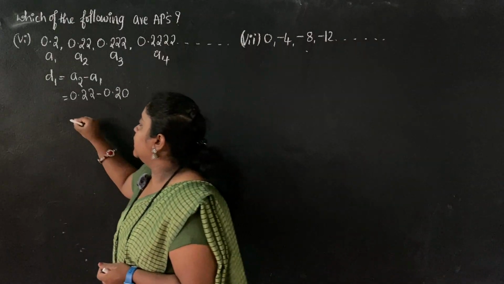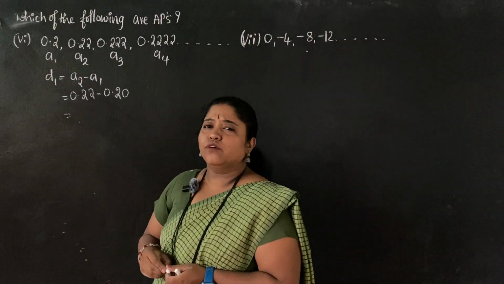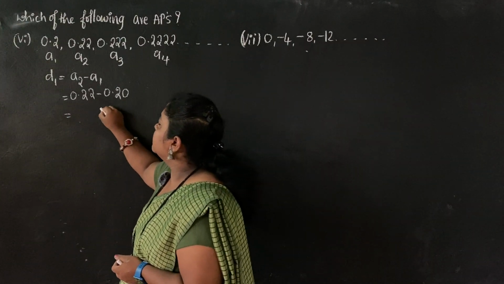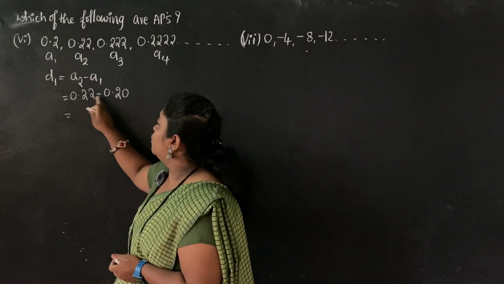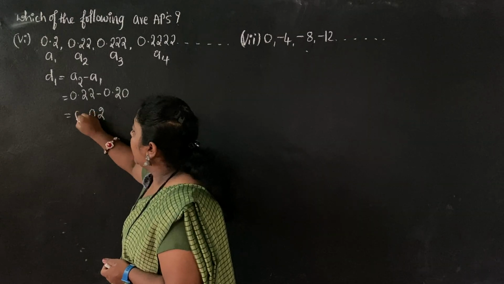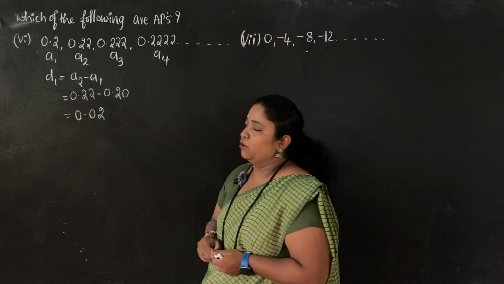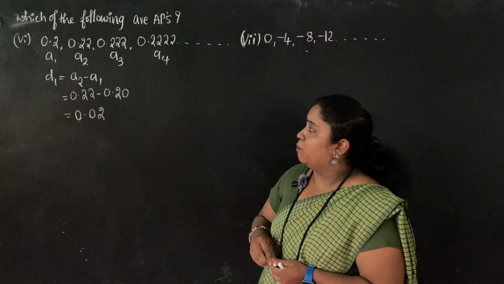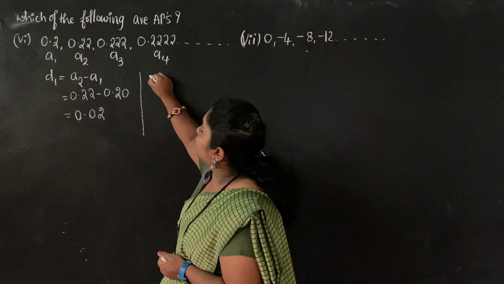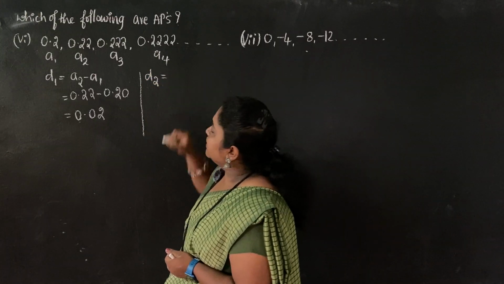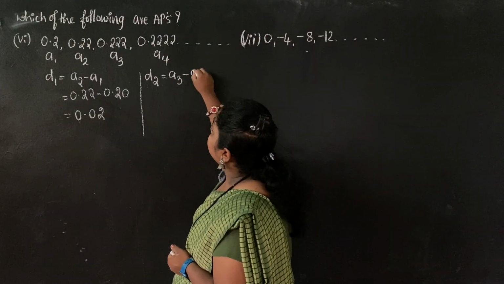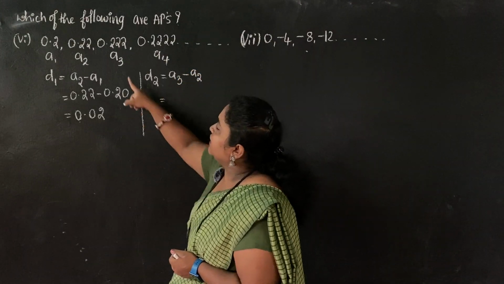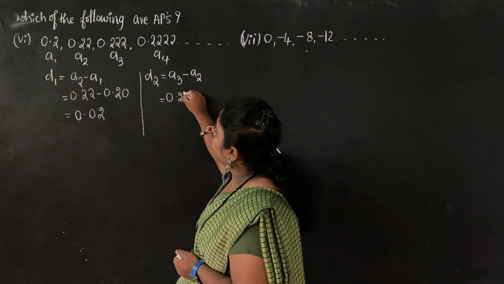Now see here. If I subtract, what am I going to get, dear? You just see, 2 minus 2 is 0, 2 minus 0 is 2, 2 minus 2 is 0. So I'll be having 0.02. Okay, I got 0.02. Now I'll calculate the D2 value. D2 can be written as, dears, A3 minus A2. What is the A3 value? 0.222.